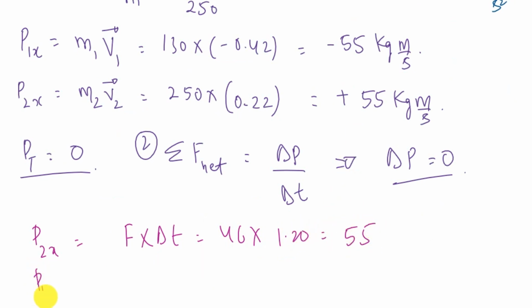And for canoe 1, this time we take minus 46 because the direction is along the negative x, multiplied with delta t, and that is minus 55. And here also the total momentum is 0, which is the same value. So you can solve this question by either of these two methods. You'll get the same answer.